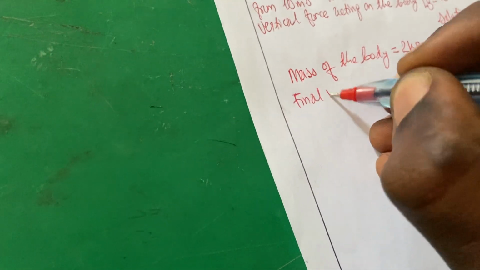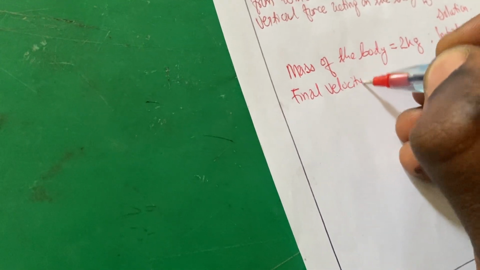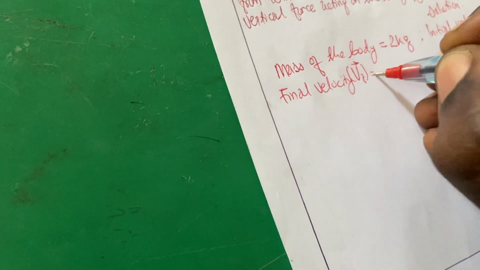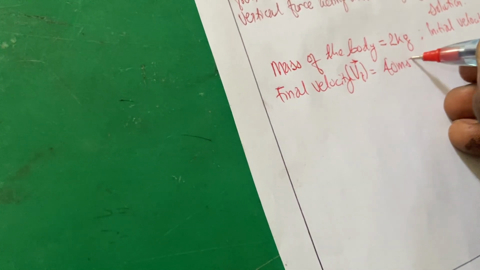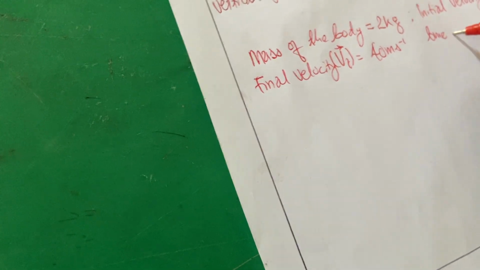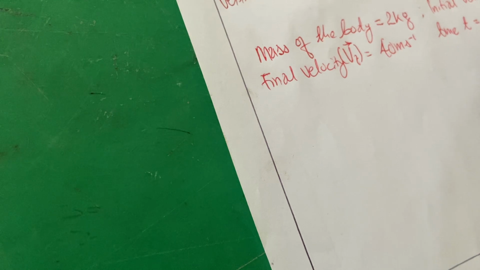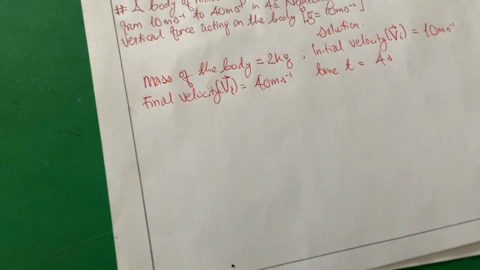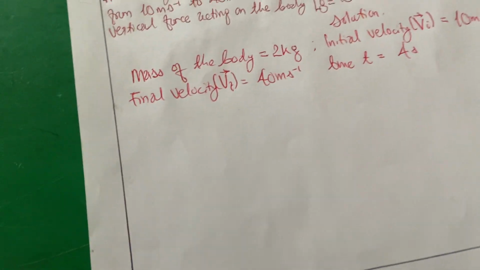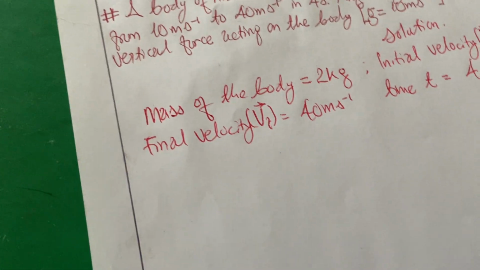The final velocity, Vf, equals 40 meters per second. And lastly, the time, T, equals 4 seconds. There is no need for converting anything. Everything is in standard units.